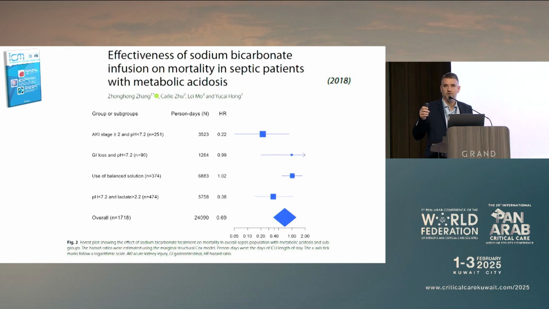Because acute kidney injury will bring a discrepancy between sodium and chloride in favor of chloride, an increase in chloride and also an increase in phosphate. And you have a metabolic acidosis due to this. In this case, you will correct a bit this discrepancy by giving sodium without chloride and decrease the difference between sodium and chloride in favor of chloride.